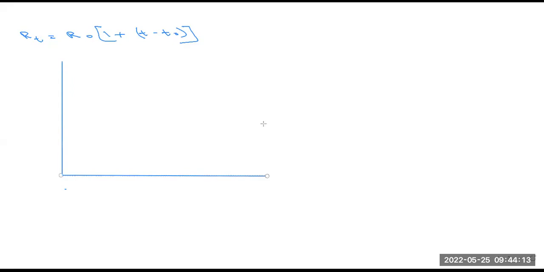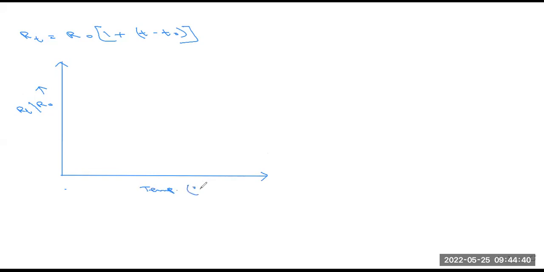We have to denote this axis: this is for RT by R0, and another one, this is the temperature.